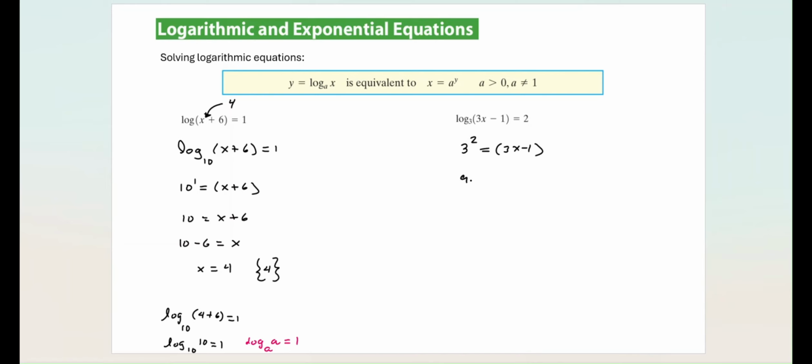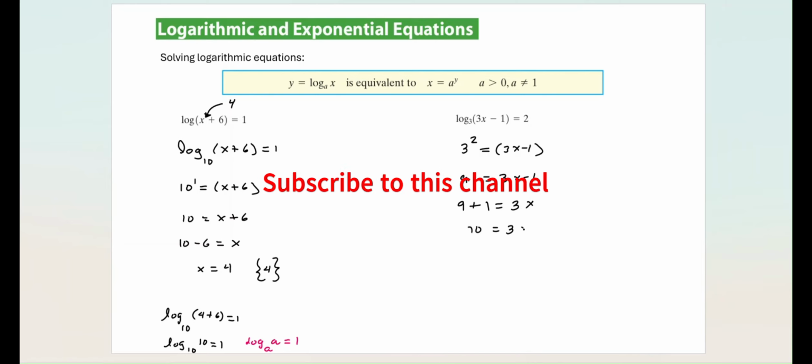So 9 is equal to 3x minus 1. So adding 1 to both sides, you get 9 plus 1 equals 3x, right? And then, of course, you get that 10 is equal to 3x, so x is equal to 10 over 3.